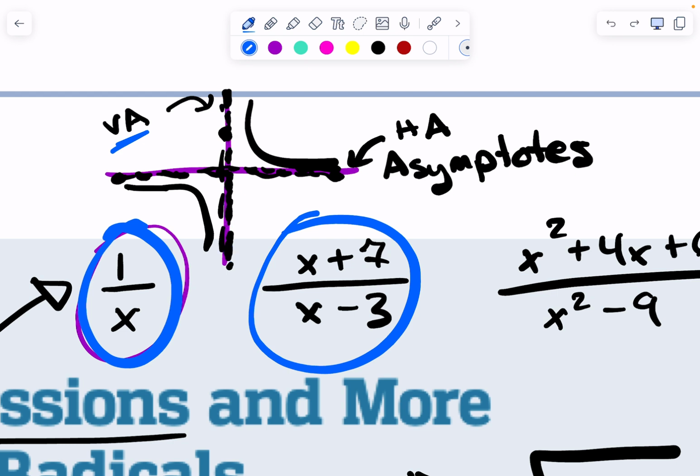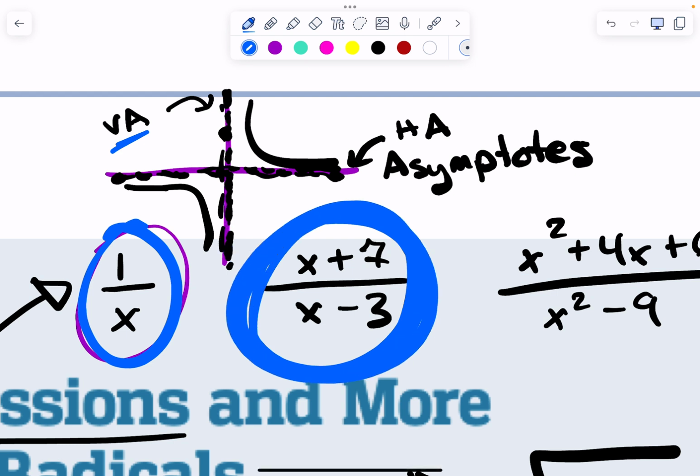So let's say this middle function right here, where are we going to have a problem with x? It has to be more than 3 or less than 3. It just cannot be equal to 3. True? Because if it was 3, then I would end up with 0 on the bottom.